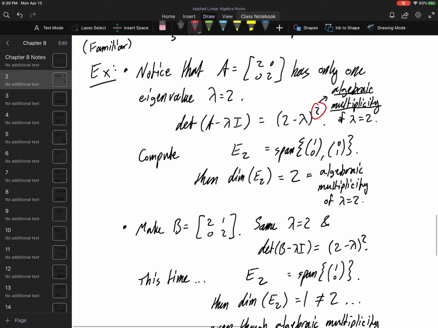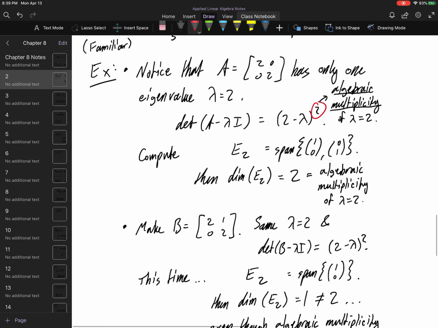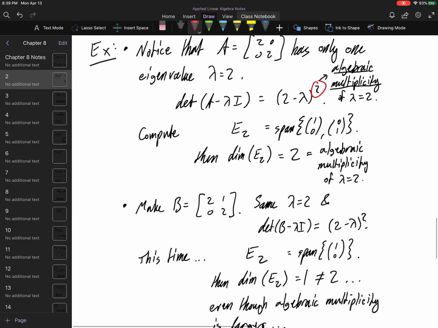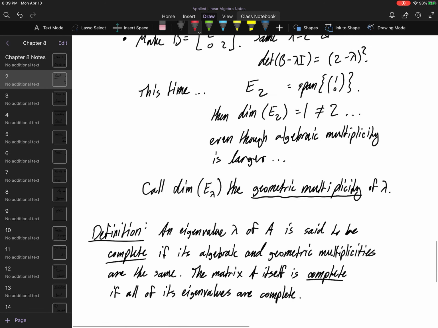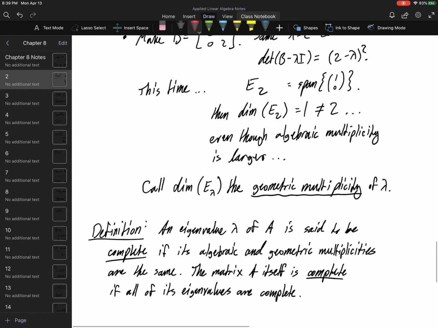So being able to distinguish between these two cases, if we're talking about eigenvalues and eigenvectors, means that we're going toward diagonalization. And A is already diagonal, but B is close to, but not diagonalizable. We can't make it diagonal. And this is because the geometric multiplicity does not match the algebraic multiplicity.